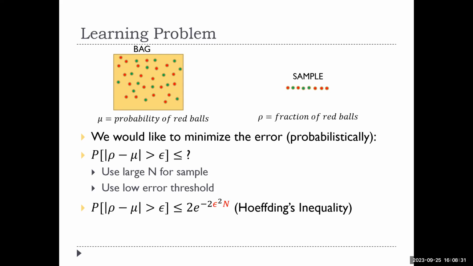Basically, what this says is that the probability, in terms of epsilon, is always less than or equal to the expression 2 times e to the power of minus 2 epsilon squared n. That probability is limited by this one.